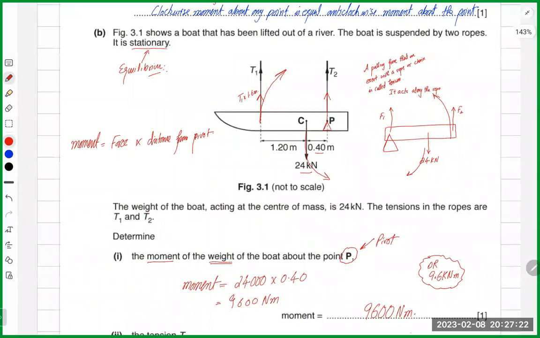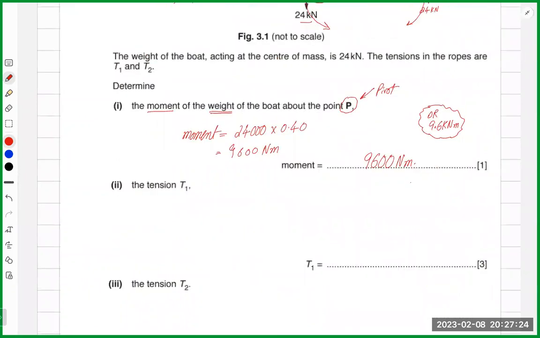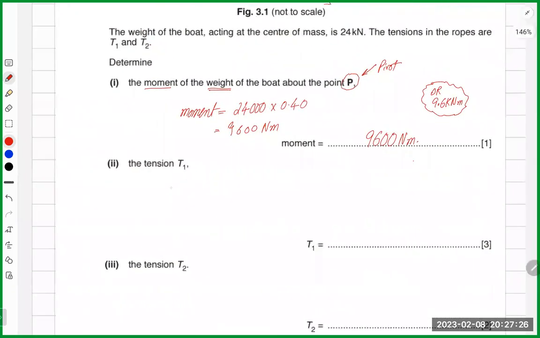So the clockwise turning effect, T1 multiplied by 1.6, will be equal to 24,000 multiplied by 0.4.